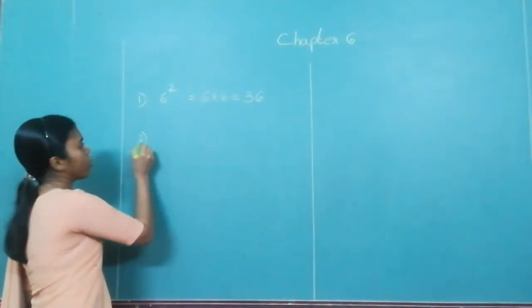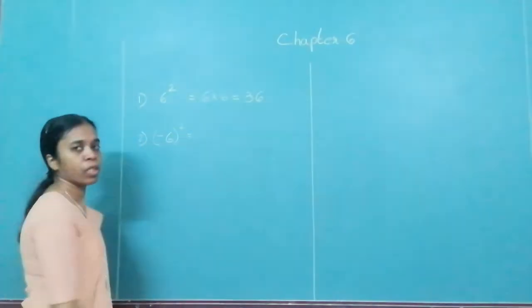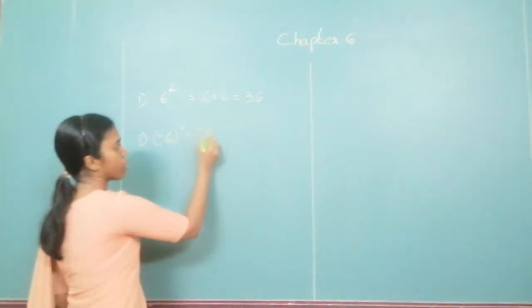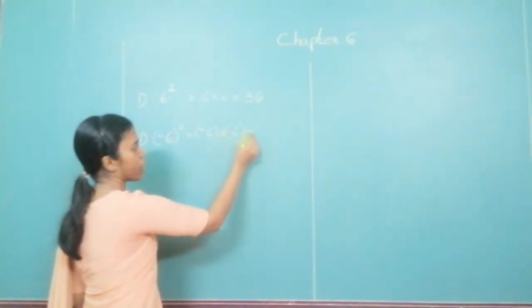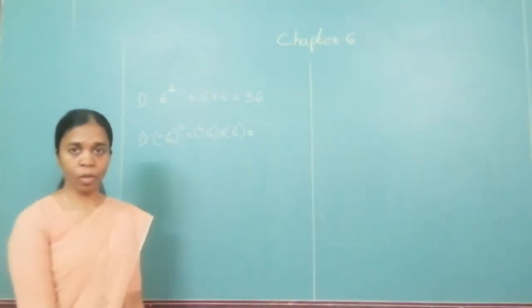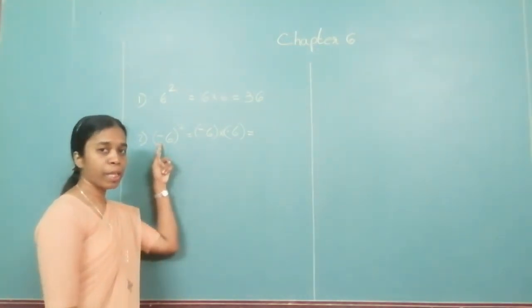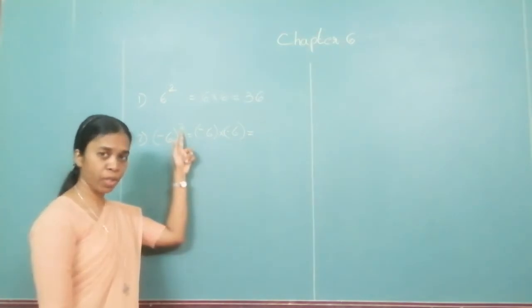Now, I have the second one. Minus 6 square. Now, what is the meaning of minus 6 square? Minus 6 multiplied by minus 6 equal to. Now, the integer given to you is minus. Index is even.